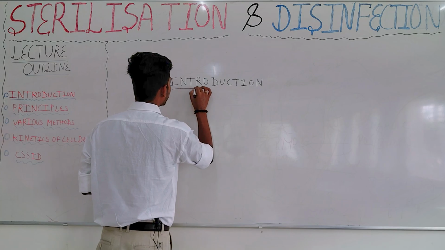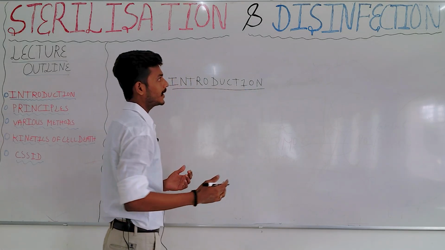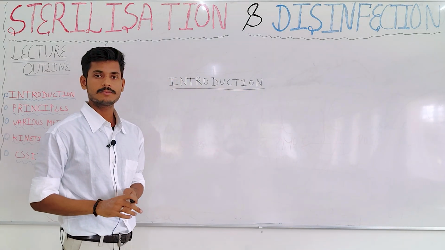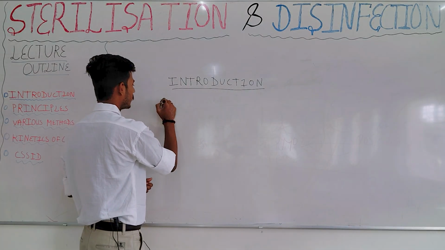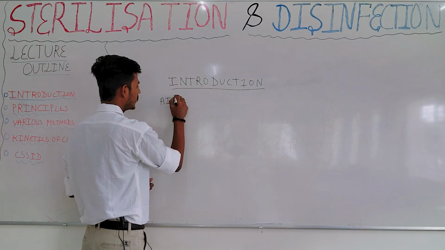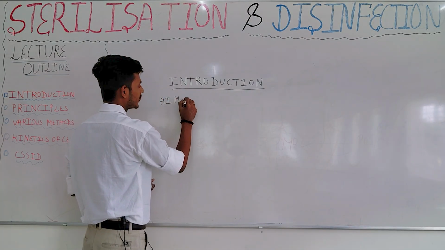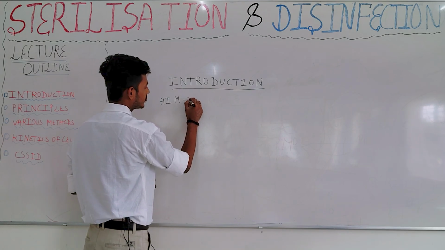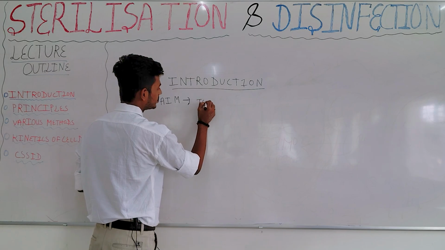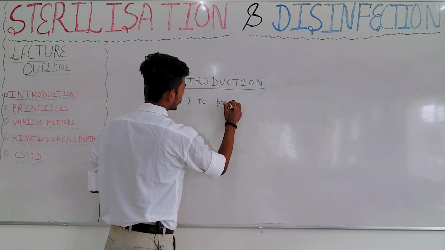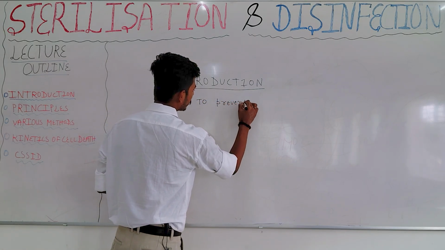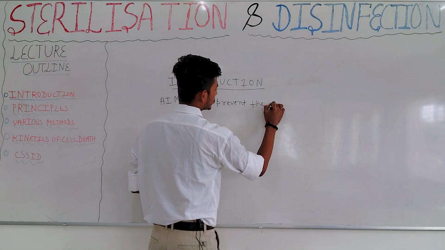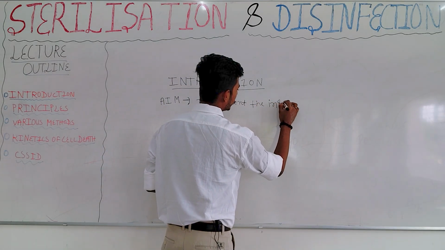Now, if we talk about the goal, why we are controlling the microorganisms, the main aim of controlling the microorganisms is to prevent infection.